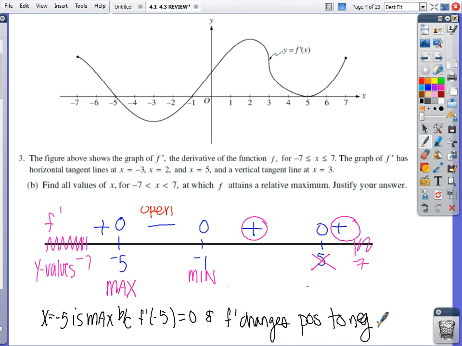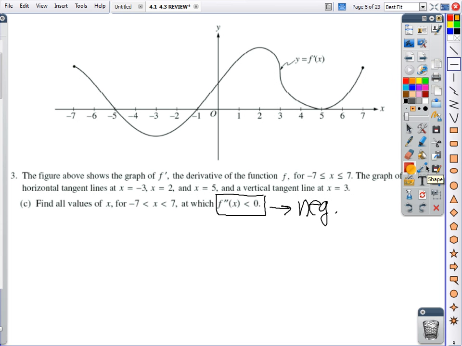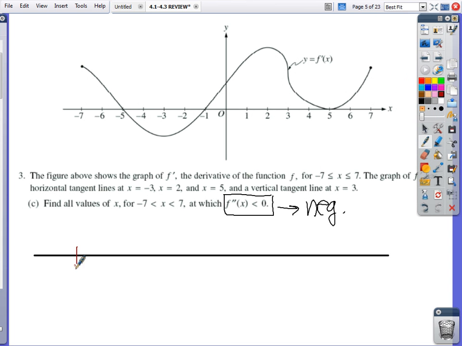All right, part C. Find the values for which the second derivative is less than 0. So we want the second derivative to be negative. And to do that, we're going to do another sign chart from -7 to 7 again, and we're going to do f double prime this time. If I'm going from f prime to f double prime, that's one slope.